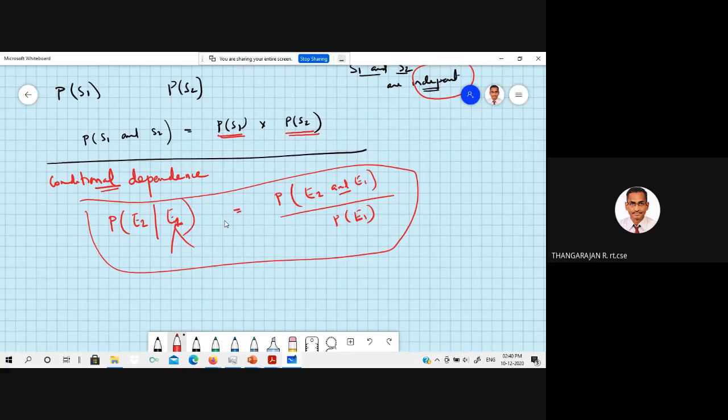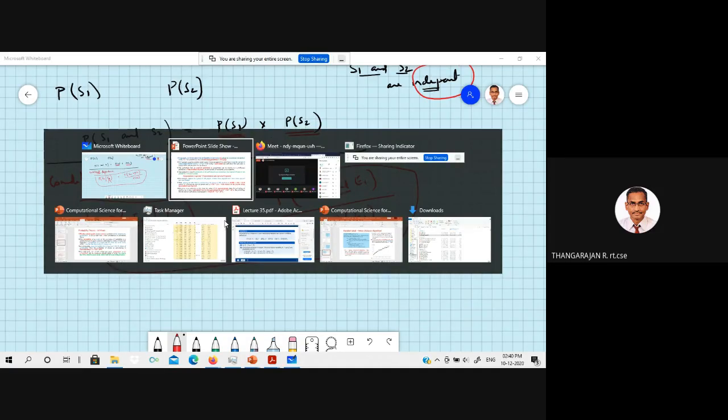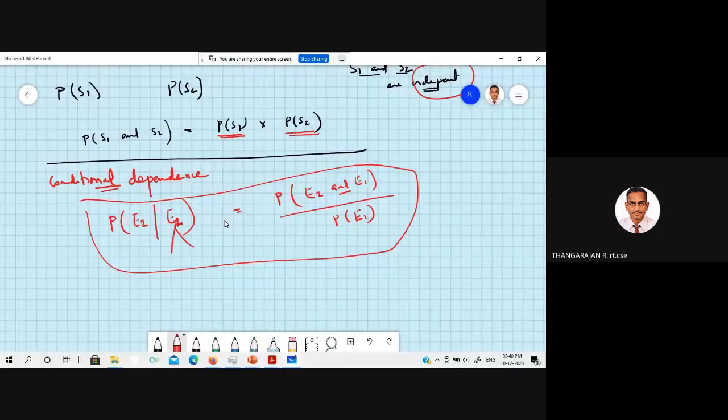So the conditional distribution comes when the events are dependent or independent. If you bring this term to this side, then it becomes probability of E2 and E1 is equal to probability of E2 given E1 into probability of E1. So what is this?